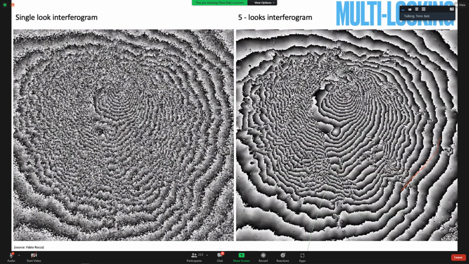Right, again, looking at the two interferograms. On the left side is a single look interferogram, which you see is rather noisy. And on the right side, you see the multi-looking interferogram with 5 looks. You see we already removed quite a lot of the noise. And we talked about multi-looking with speckle, right?